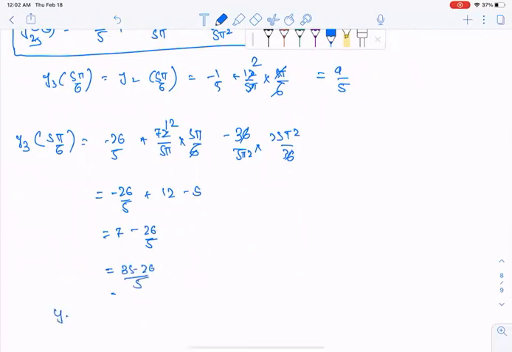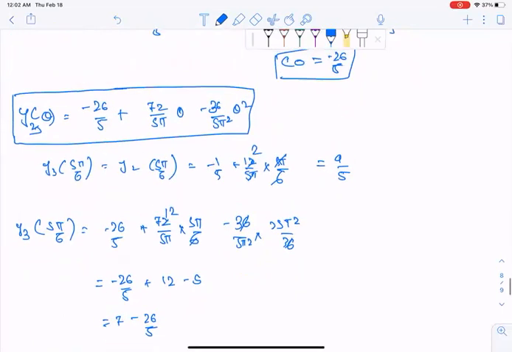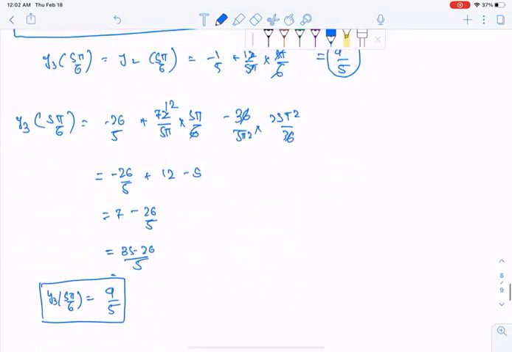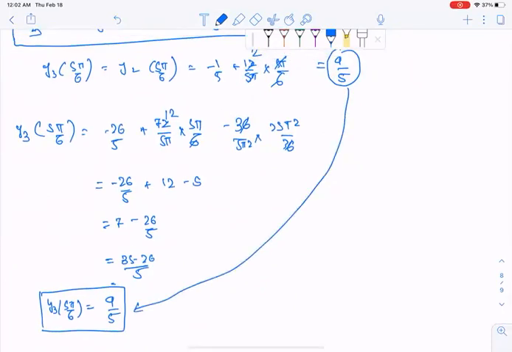So yes, it is equal to 9 by 5, and that's what we were expecting from here. So these two values are equal, you can see.